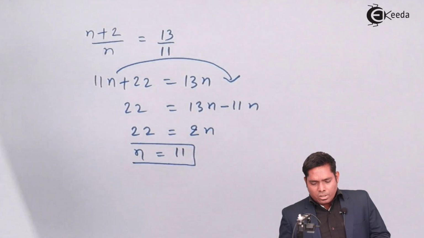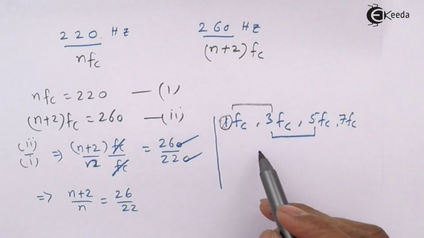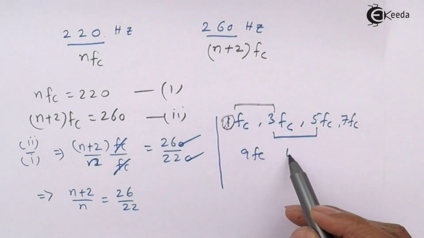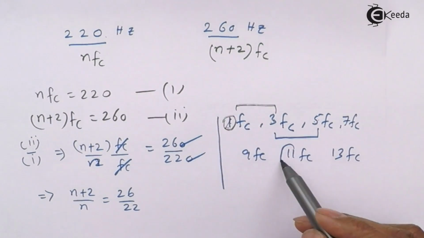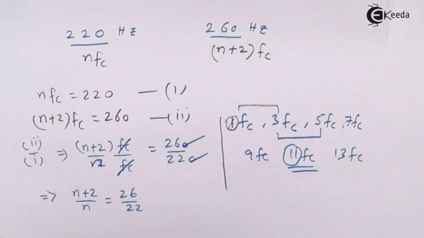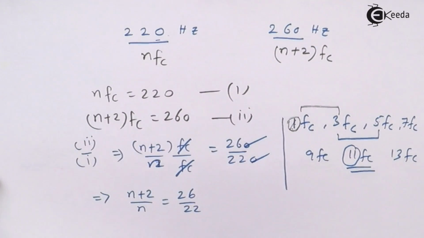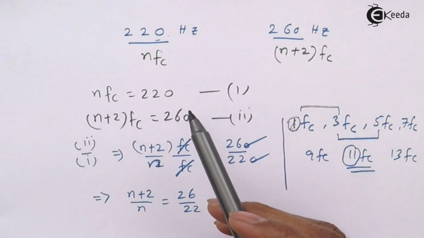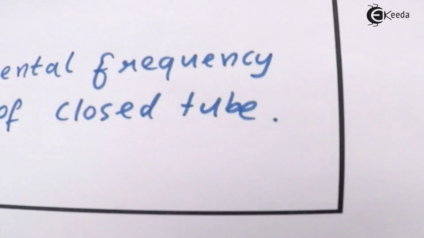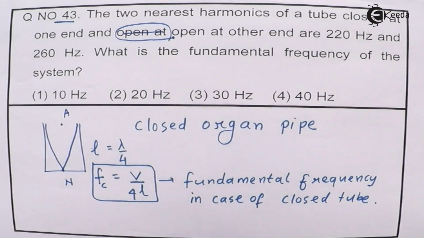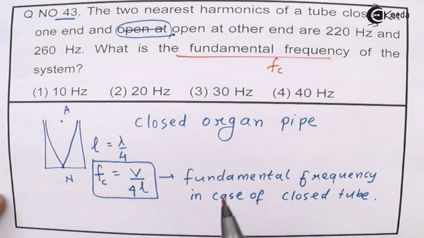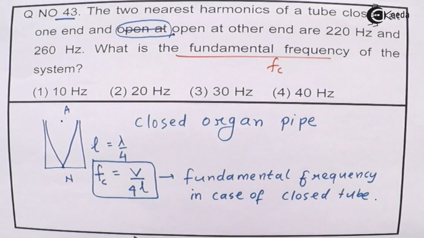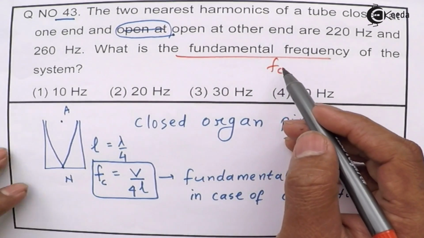That means it was not 1, 3, 5, 7, 9Fc, but 11Fc and 13Fc. So the 220 Hertz is the 11th. Now after that it's very easy. I want to find the fundamental frequency, which is Fc.